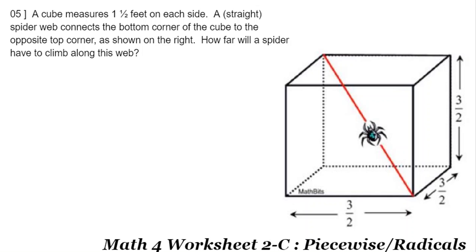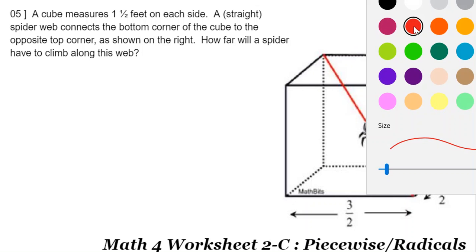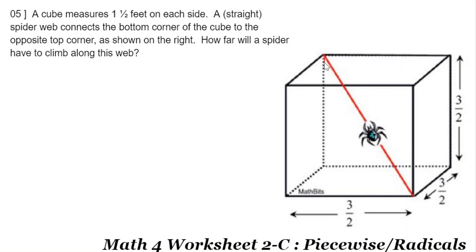Now, one thing that we probably need to go ahead and figure out is that we're talking about this triangle right here. Now that is a right angle there, because one edge of this goes vertically, one edge of this goes horizontally, but there's that diagonal through the middle that we don't know.